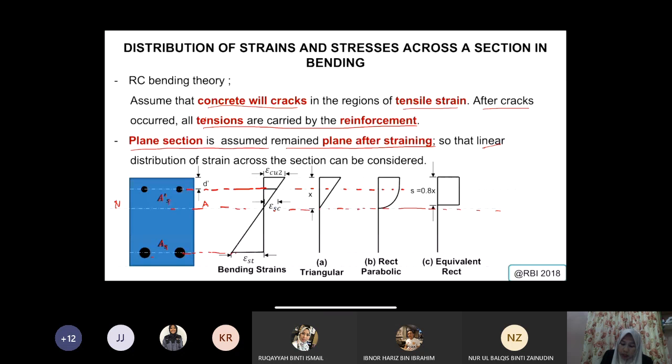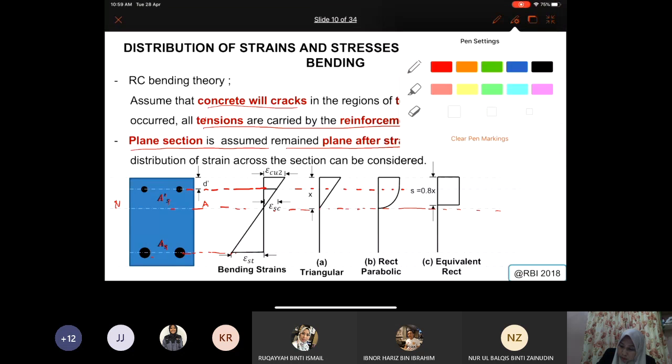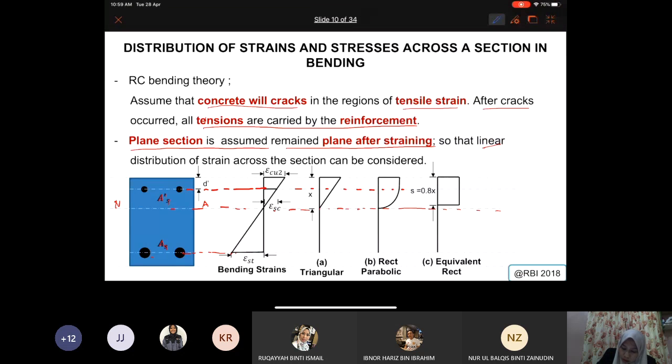Let me just change the color. This part value is ECSC, meaning the strain of steel at compression. S stands for steel, C is for compression. This one, S stands for steel and T stands for tensile.